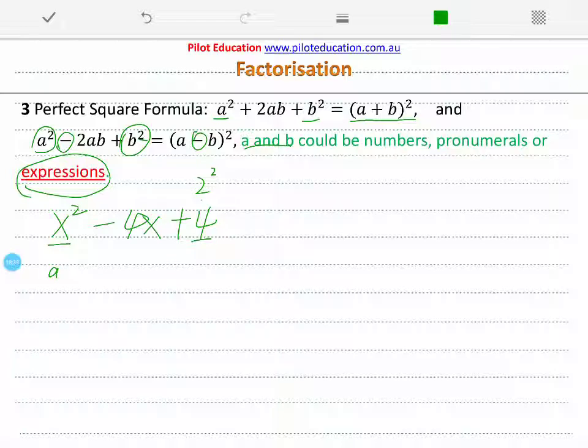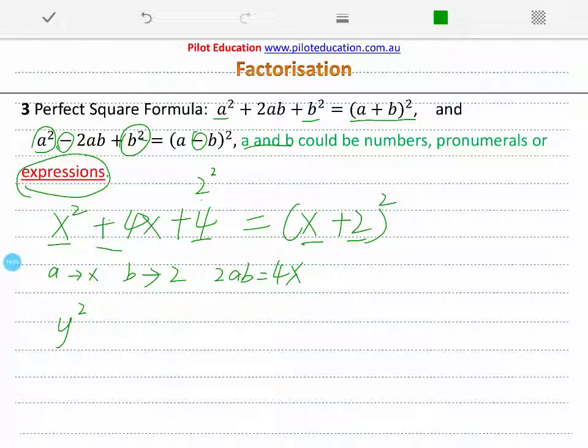So a is x, b is 2, then 2ab equals 4x. Here it is negative 4x. The only difference here is a sign. So that means it becomes x minus 2 squared, because it is a minus b squared. If that's positive, then it becomes positive.